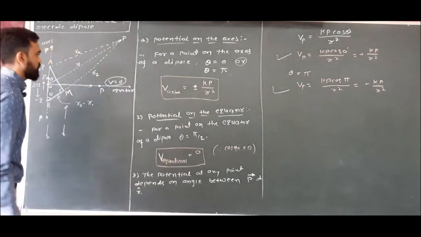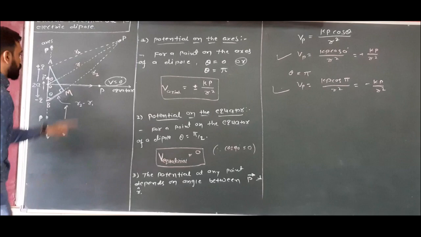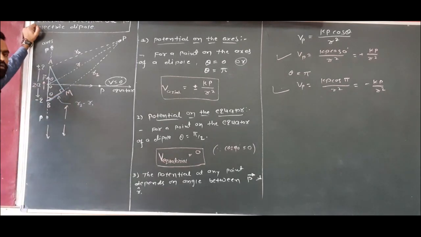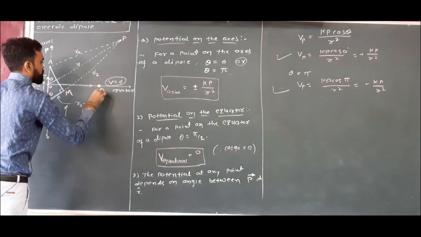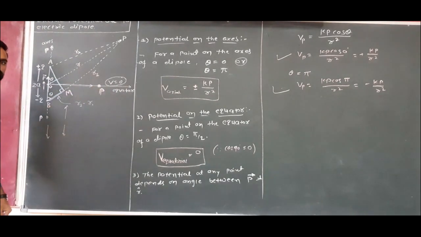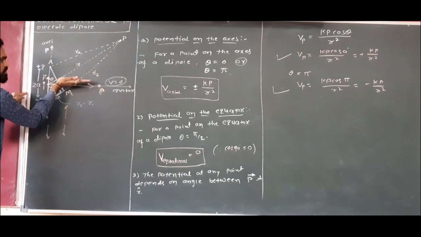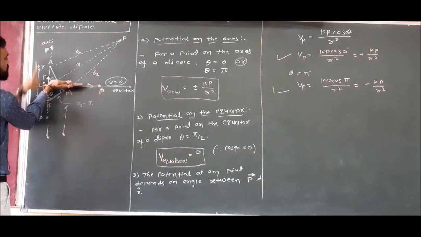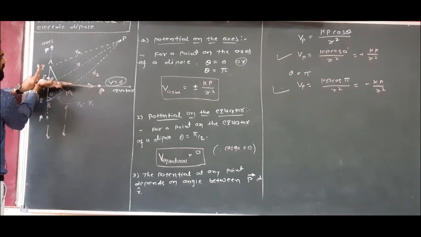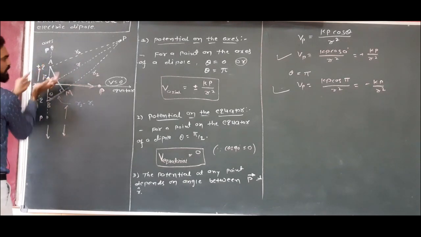Okay. Now potential on the equator. Equator we define as a line or a bisector drawn through the midpoint of the dipole, right? Like this equator. Take any point, for example this is our point P, right? So the distance of this point is in this direction, but the dipole moment is still in this direction. So both are making an angle of how much? Theta is equal to 90, right?